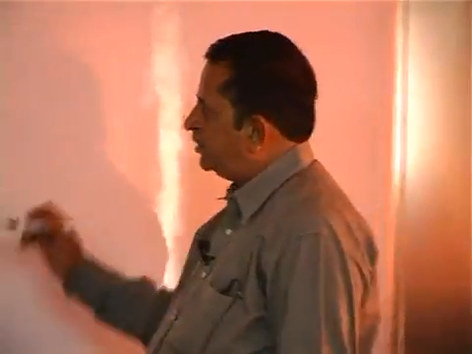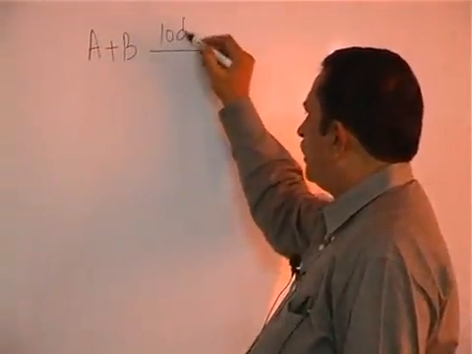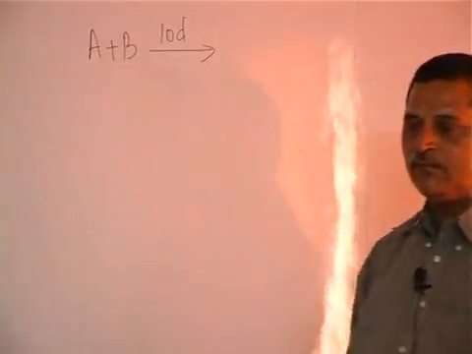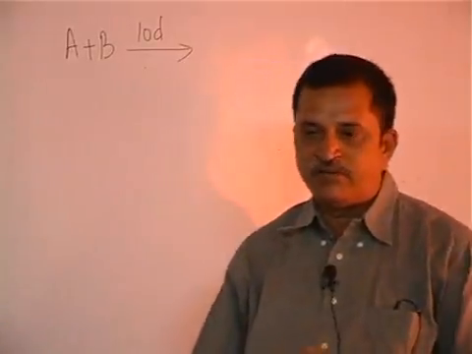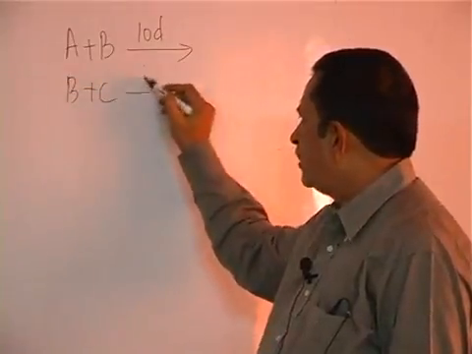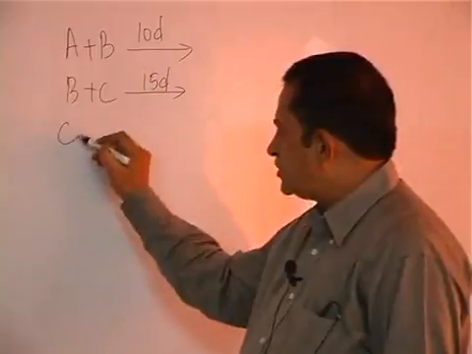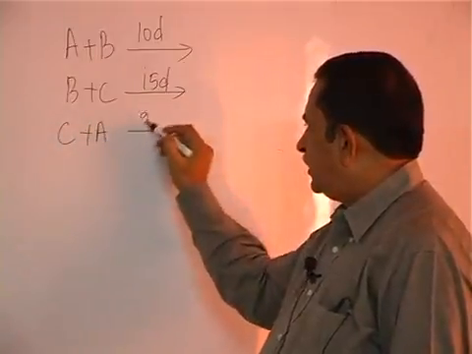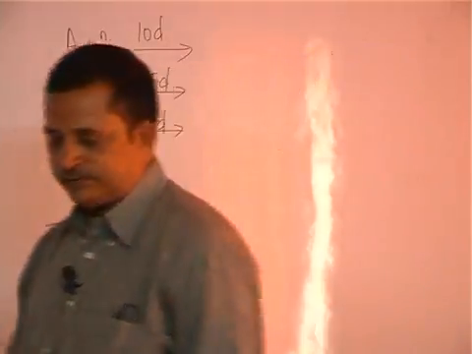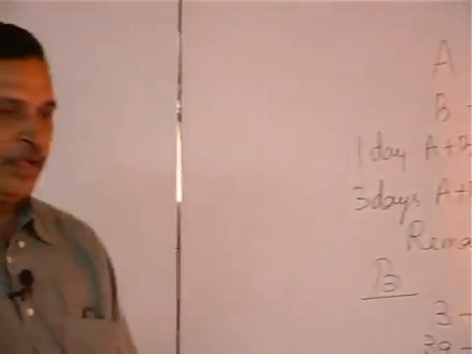A and B can do a piece of work in 10 days, B and C in 15 days, and C and A in 20 days respectively.